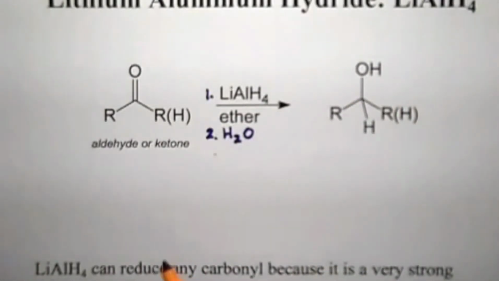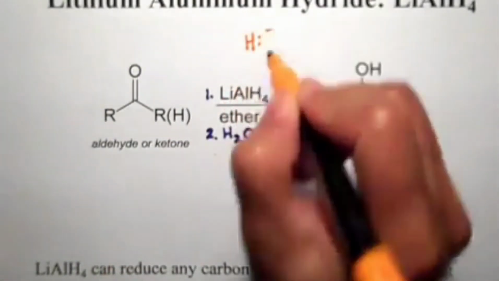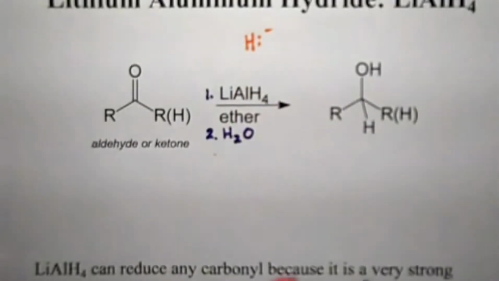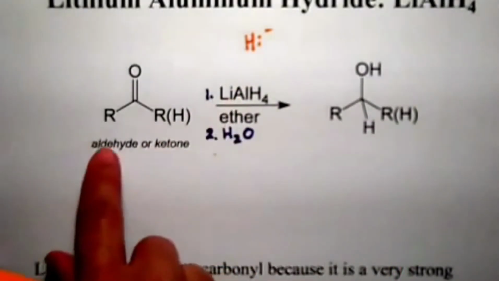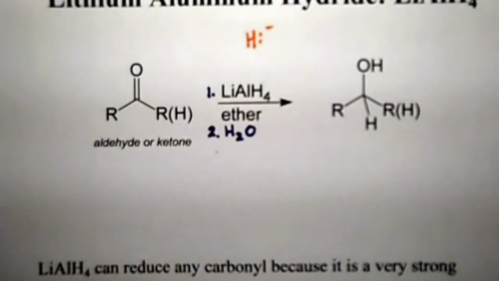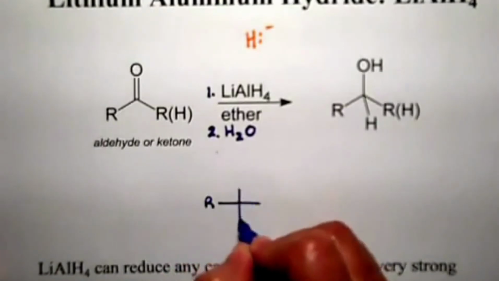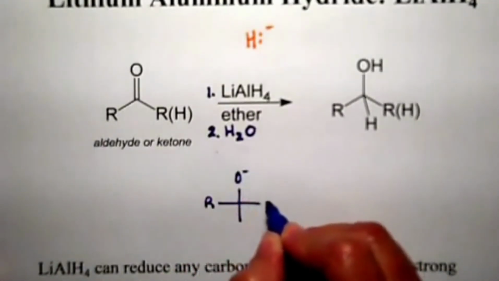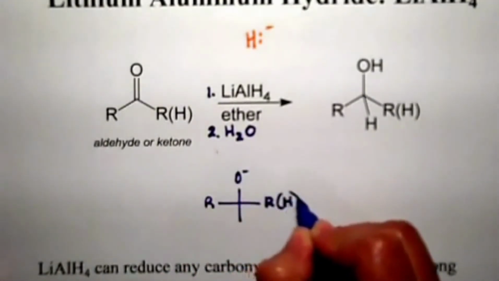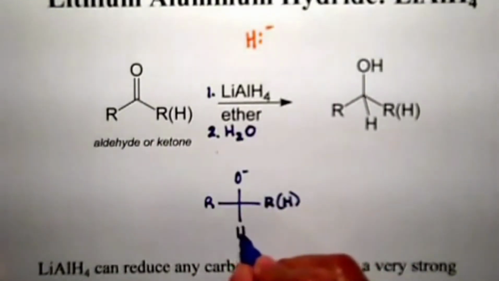So the hydride is going to be a hydrogen that has 2 electrons, and a simplified mechanism, of course, would be a hydride attacking the carbonyl, forming the tetrahedral intermediate. And if you form the tetrahedral intermediate in this particular case, you would have 2 carbons, or maybe a carbon and a hydrogen, and we just added the hydride.